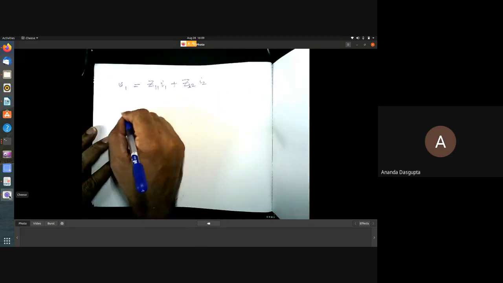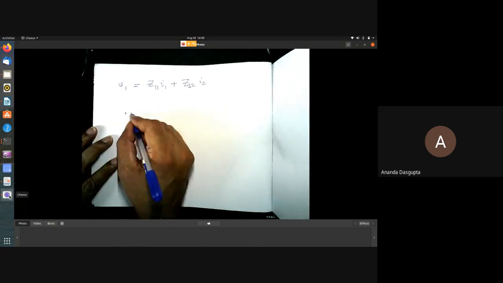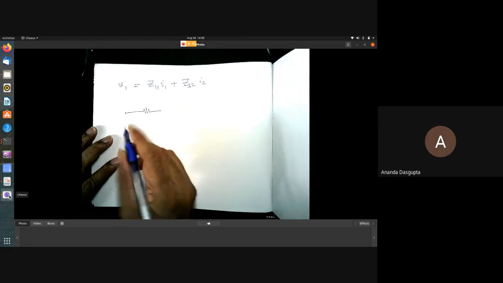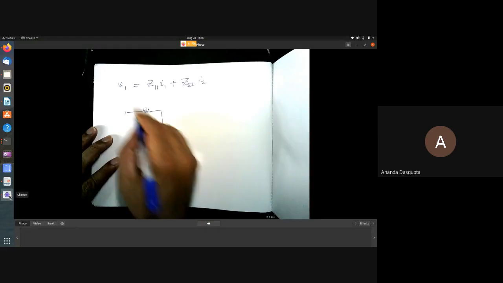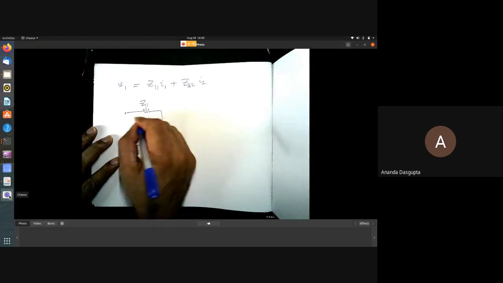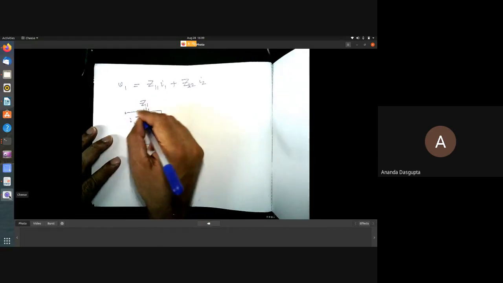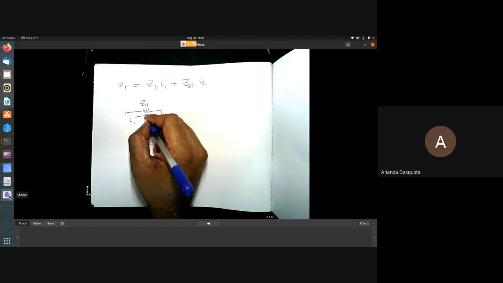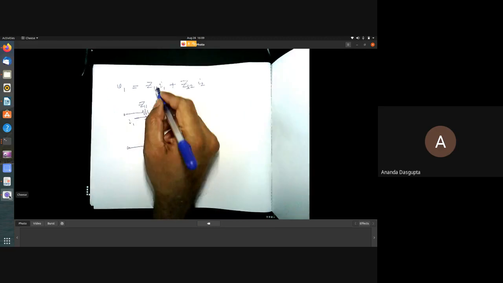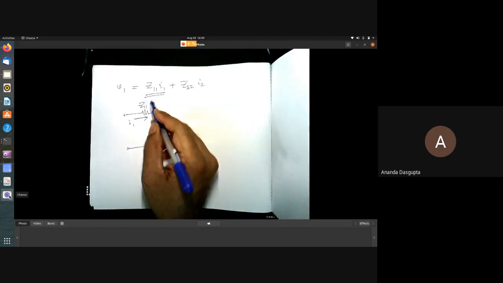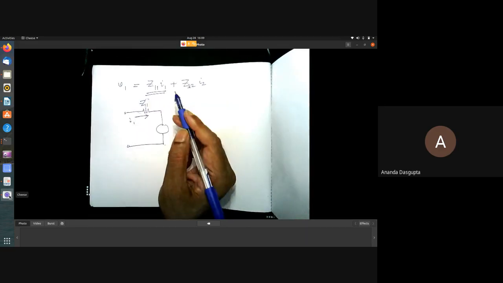And so because this is a voltage which is the sum of two voltages, it has to be effectively a series circuit, out of which Z11 I1 can be easily obtained as a drop across an impedance Z11 if a current I1 is flowing through it. So to get the Z11 I1 term, all you need is this series impedance.